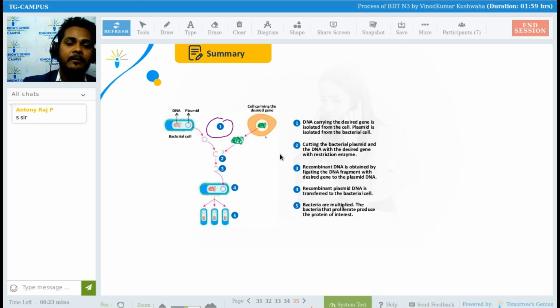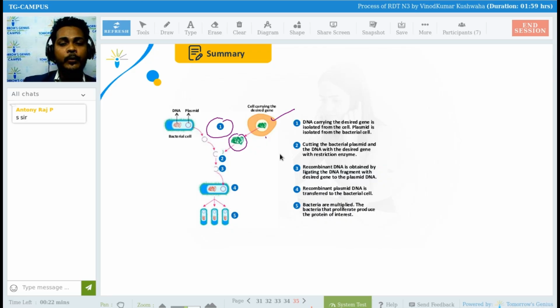You first select the cell, and from that cell extract the DNA. When you extract the DNA, it does not come alone; other macromolecules also come together with it. So we need to separate them.